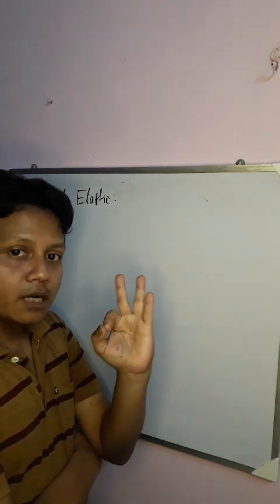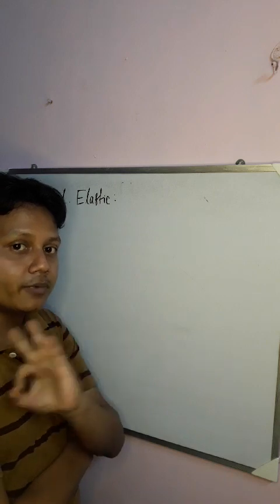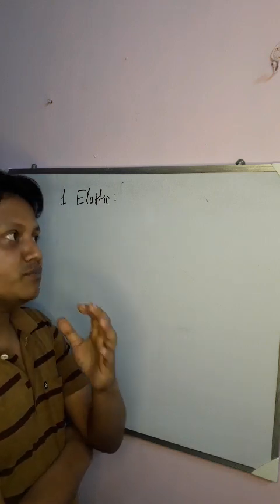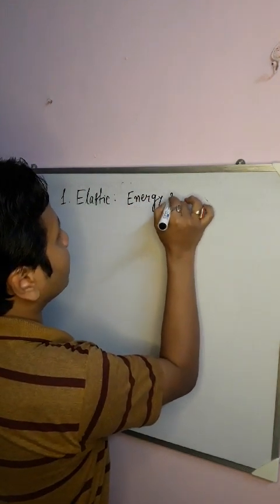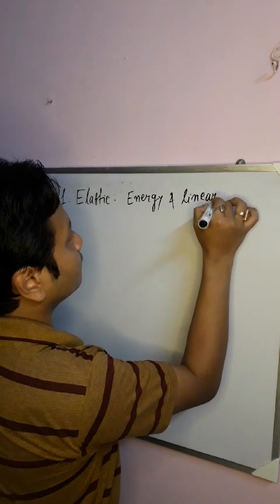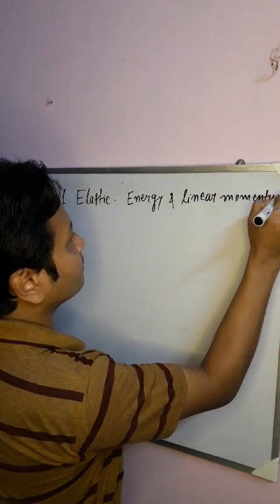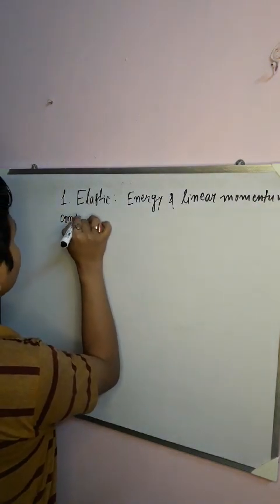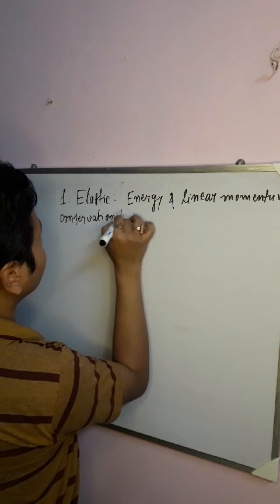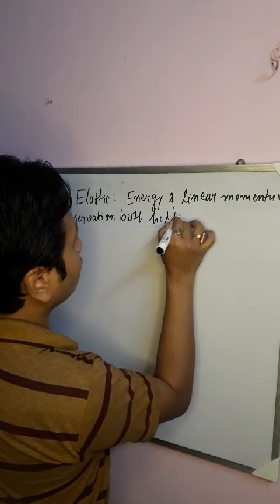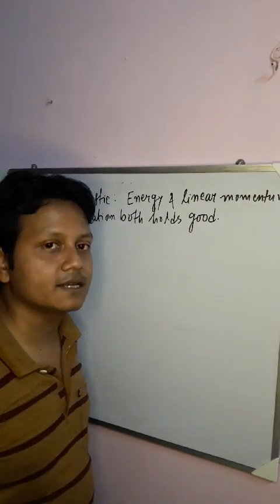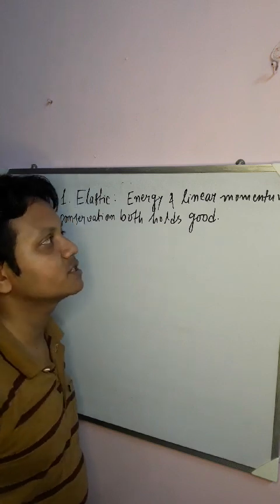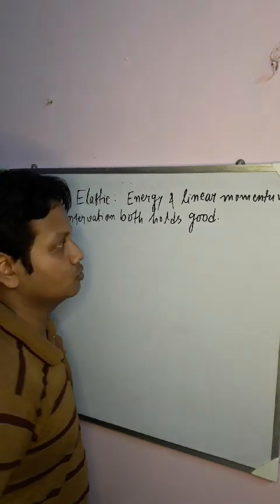So in elastic collision, the law of conservation of linear momentum as well as the law of conservation of energy both hold good. So in this type of collision, we can say this type of collision is elastic, where both the law of conservation of linear momentum and the energy hold good.